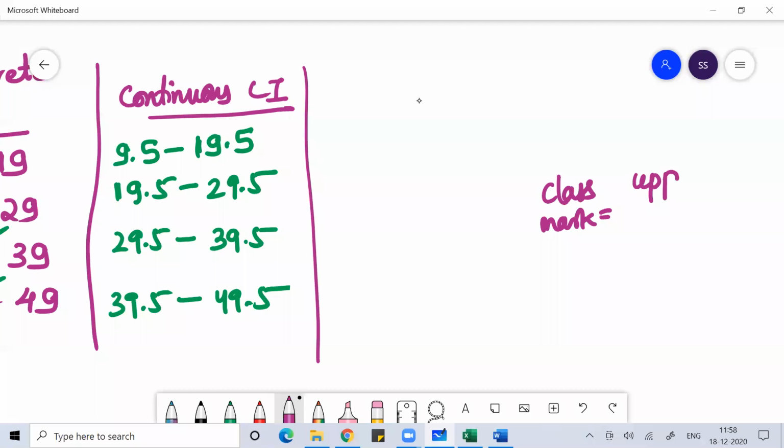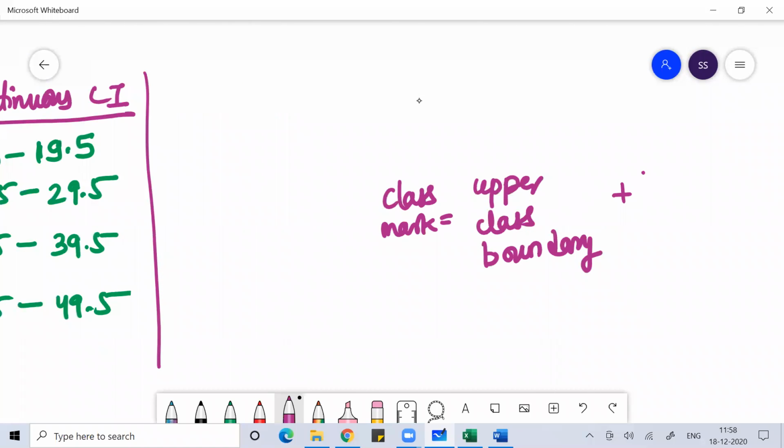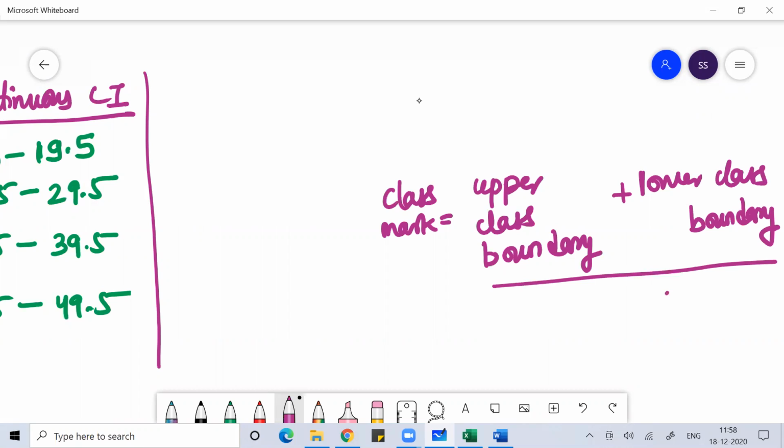Class mark basically means upper class boundary plus lower class boundary, divided by 2. This is called class mark.